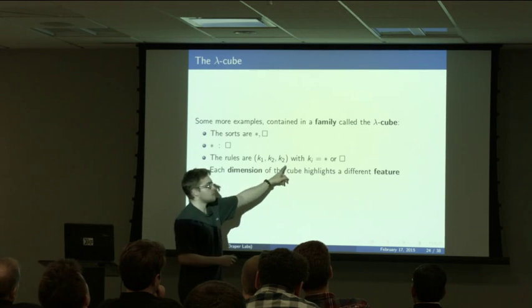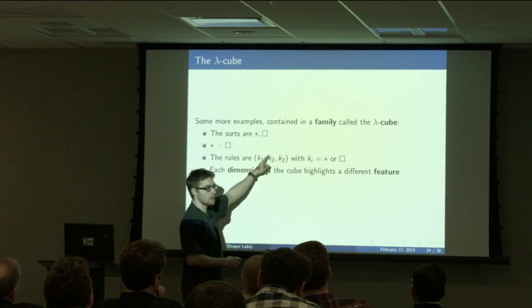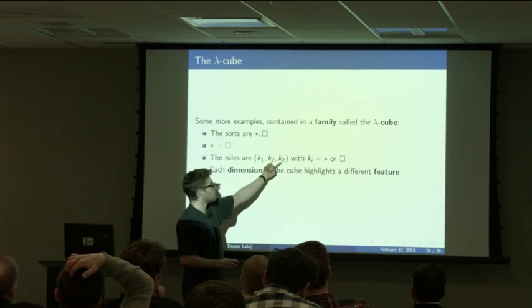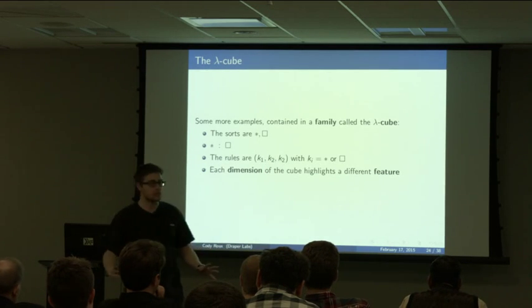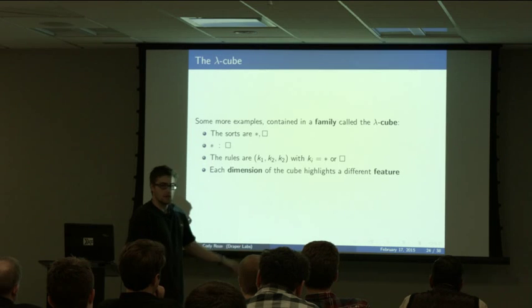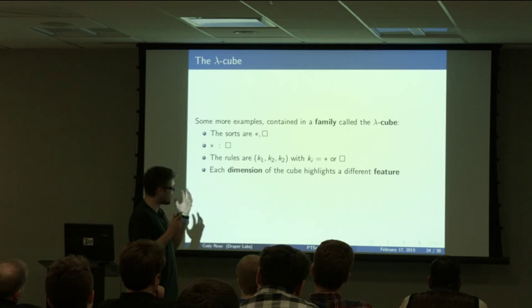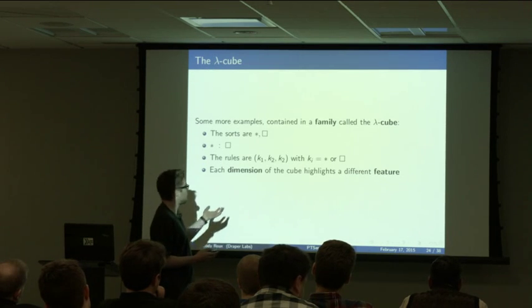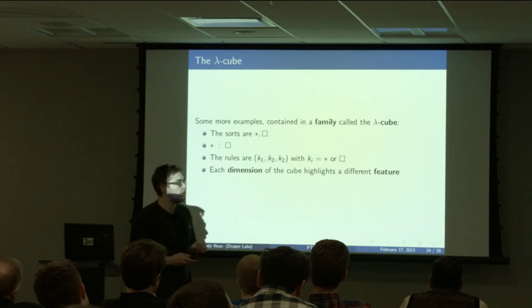And the only thing that changes are the rules. And the rules are all of the form something, something else, something else. K1, K2, K2. So these last 2 are always the same. And basically, the Lambda Cube is all possible combinations of this basic schema. And what's really fascinating is that every single combination gives you something interesting.